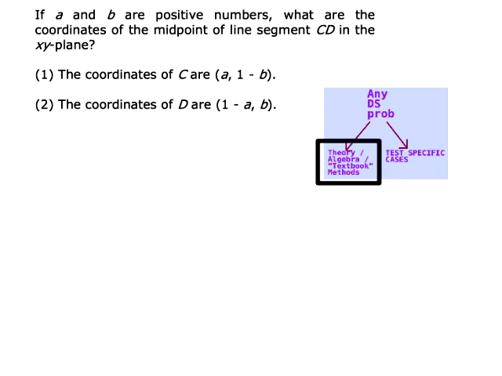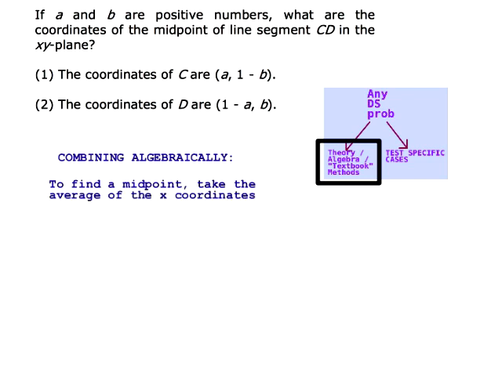Let's say you want to take an algebraic approach. So you have the coordinates of C, which are (A, 1 minus B), and D is (1 minus A, B). To find the midpoint, just take the average of the x coordinates and the average of the y coordinates.